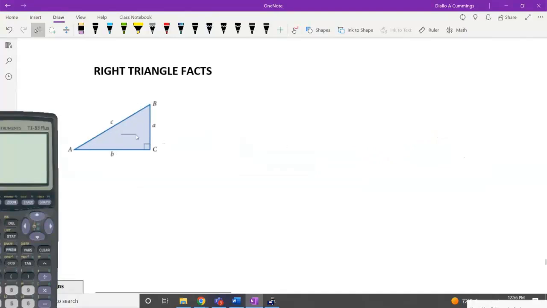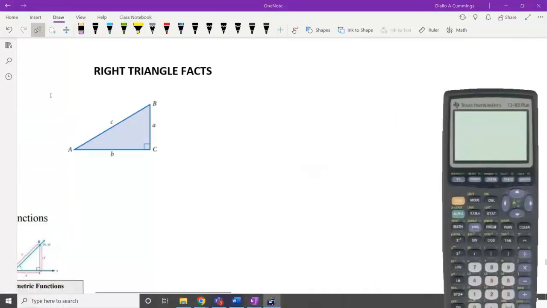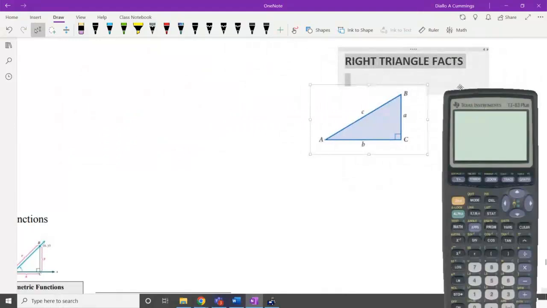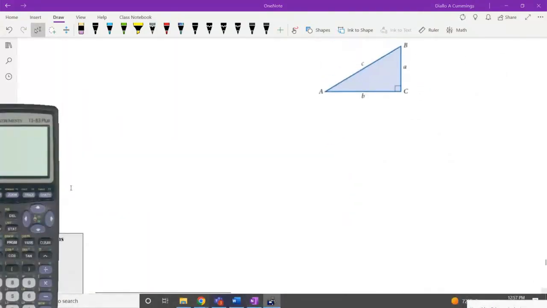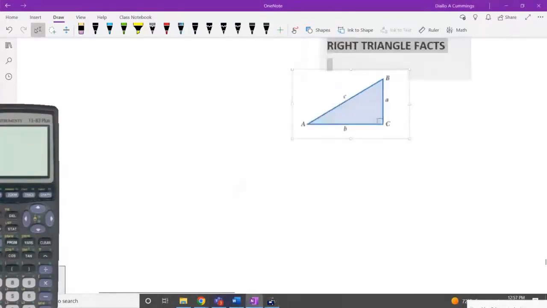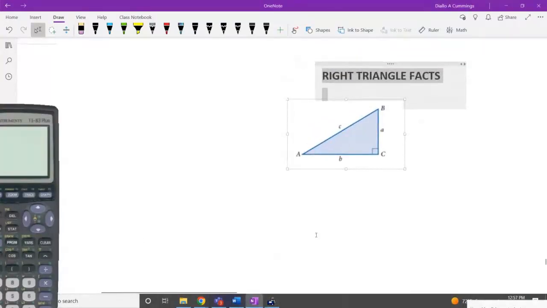Okay, so here are some right triangle facts before we start talking about any formulas. The first thing about a right triangle is that it has a 90-degree angle within it.